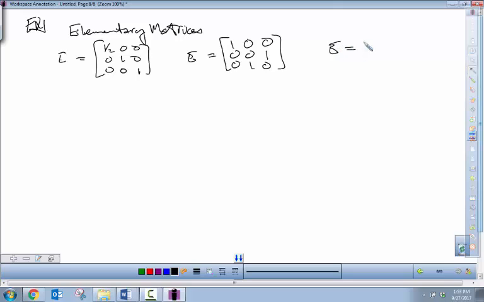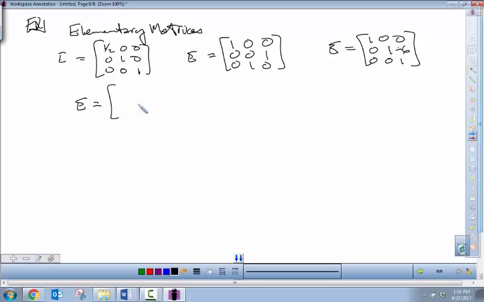The other one was when we took a row and multiplied it by something and then added it to another row. And let me add another elementary matrix.